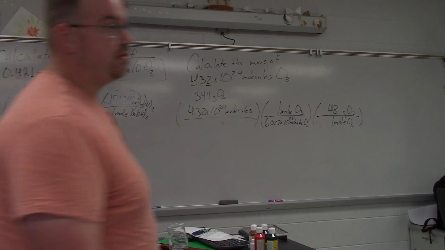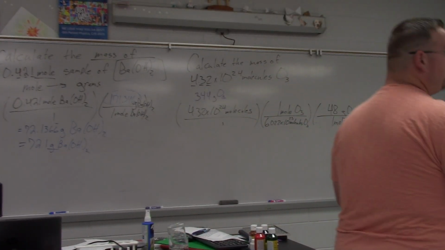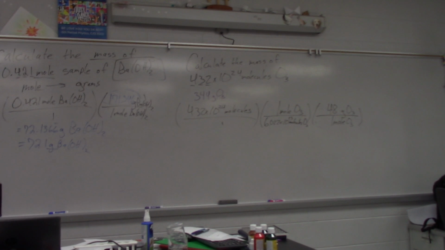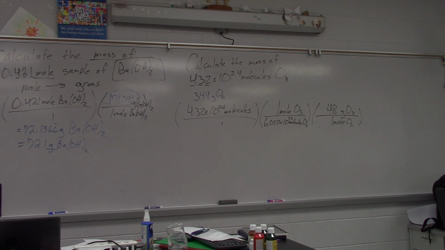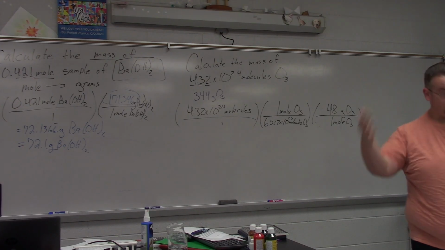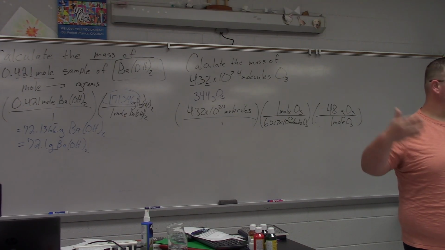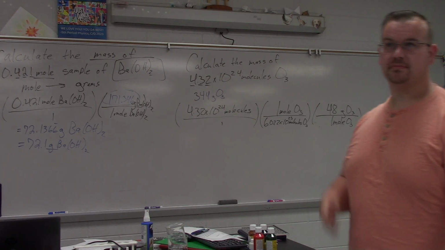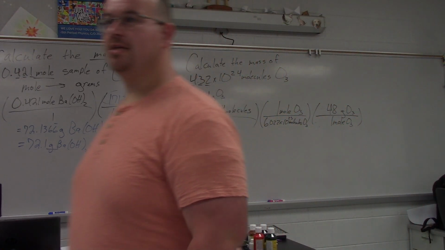Chlorine 35 or chlorine 37? 35. Why? Because 75% of chlorine is chlorine 35, so a greater chunk of the average atomic mass is chlorine 35.